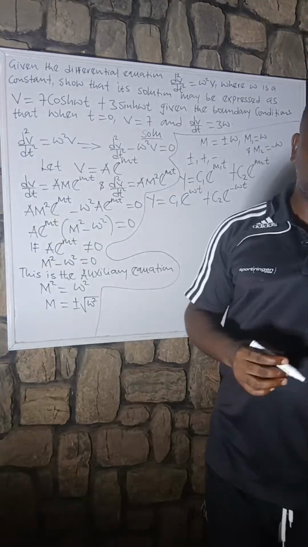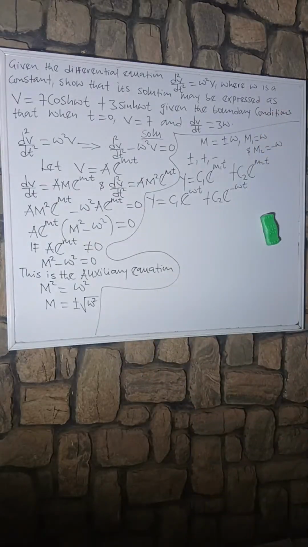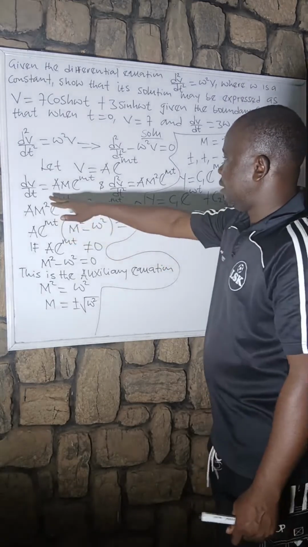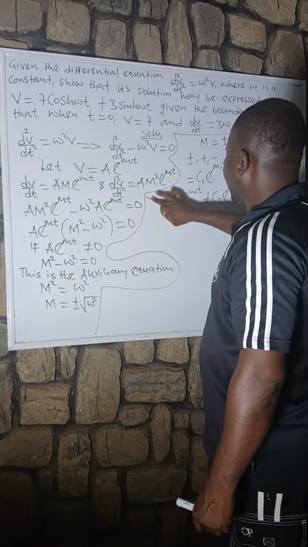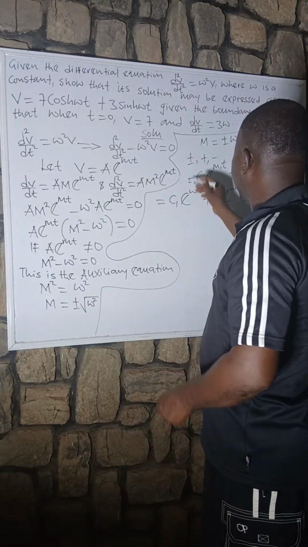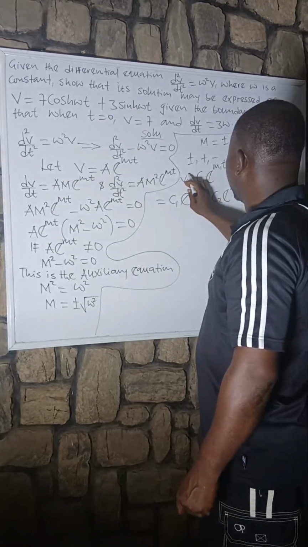Any question up to this point? Please ask your question. Any question there? Oh, I think there's a mistake there. We are not talking about y. Here is supposed to be v. The dependent variable is v.